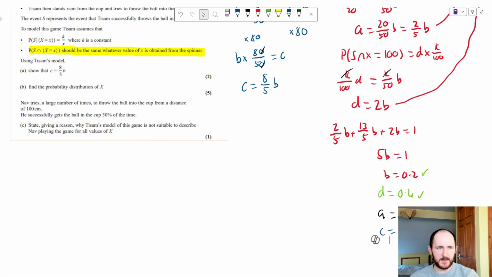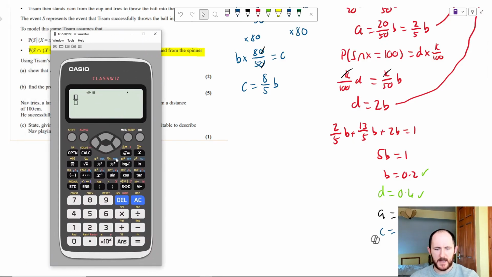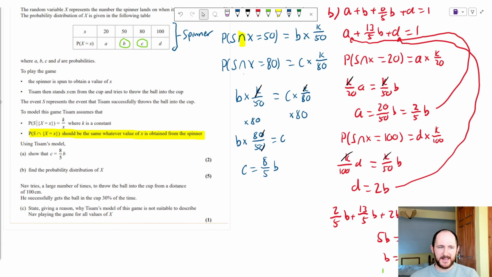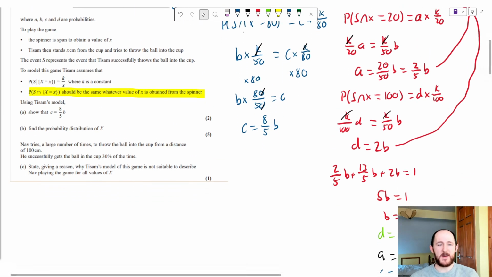That's 8/5 of B, so let's do 8 over 5 multiplied by 0.2, 0.32. And that's your probability distribution. And if you notice, these four numbers add up to 1 because it's a probability distribution. And that's it for part B.